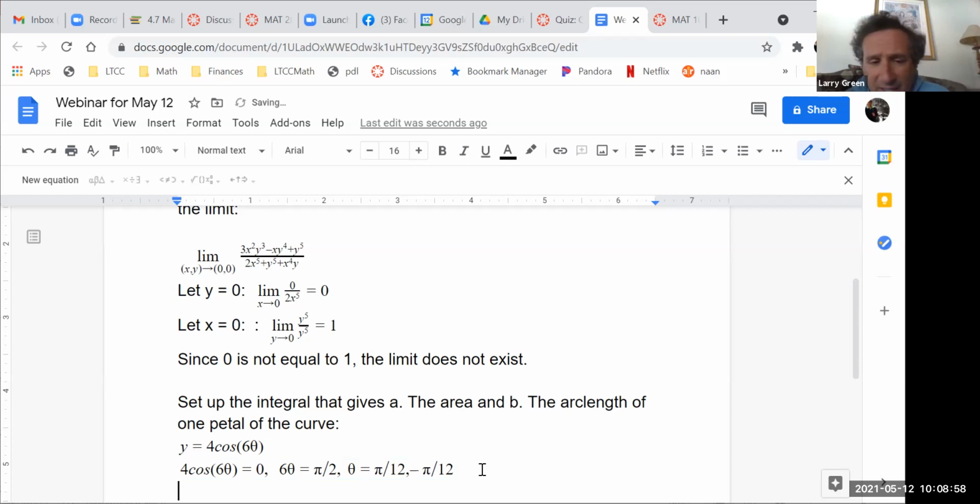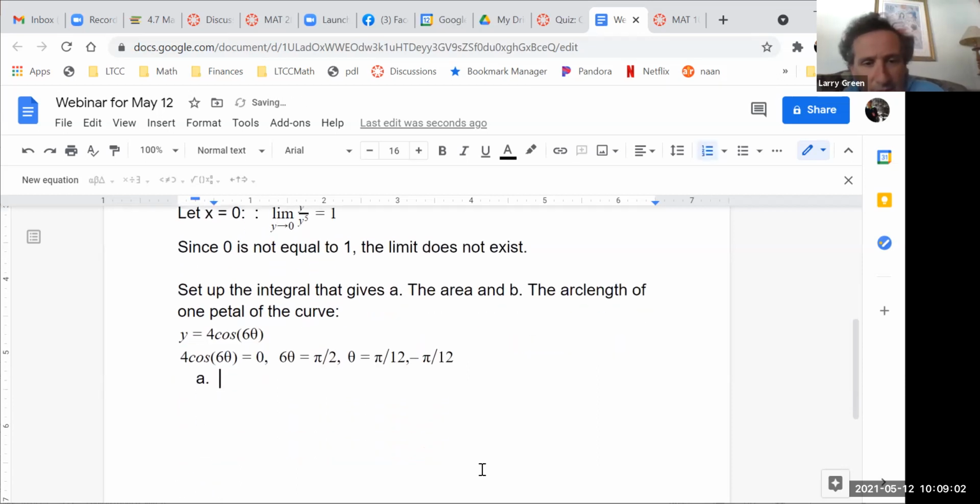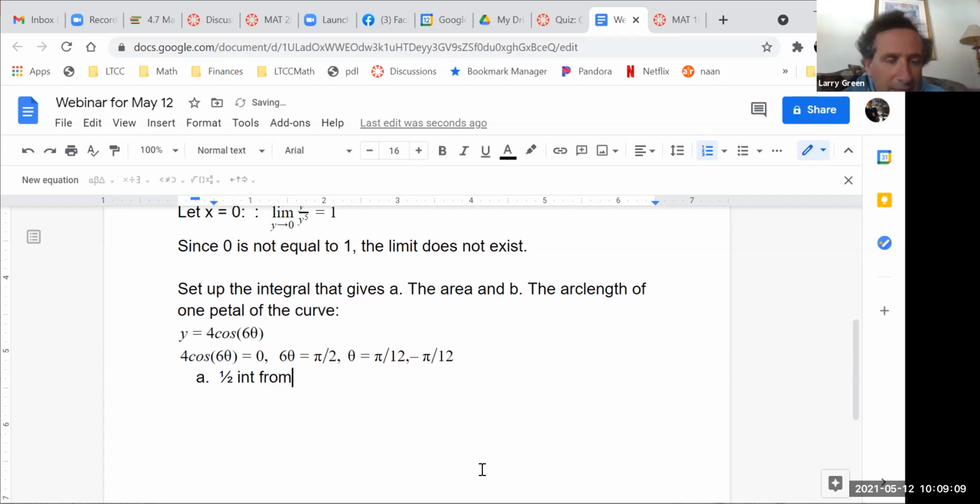All right, so in particular, for the area for part A, we're going to have 1/2 integral from, actually, let's do it pretty, because I can.